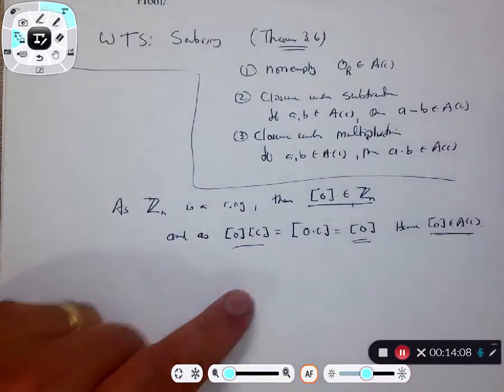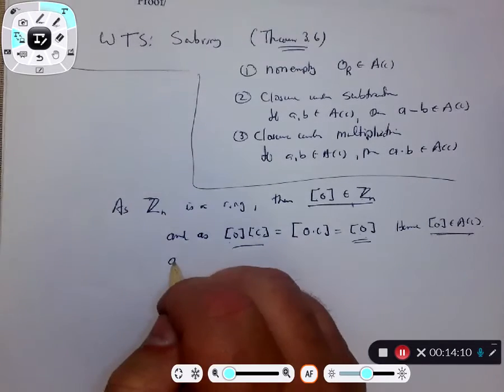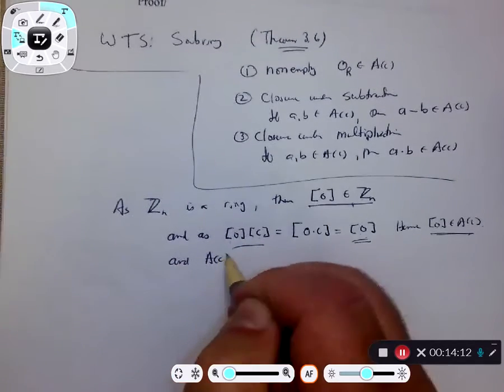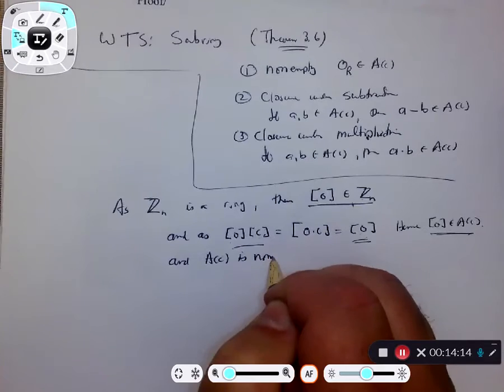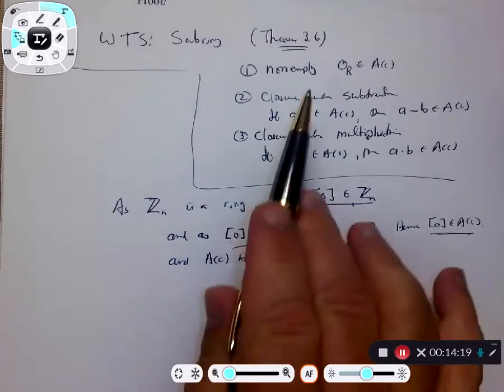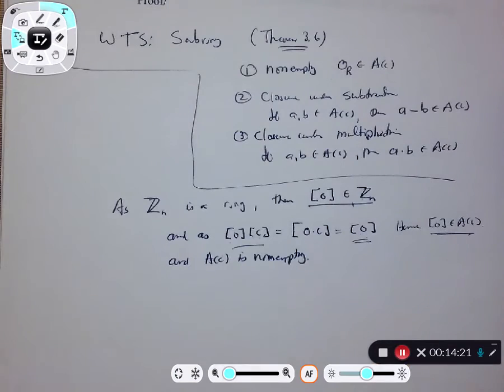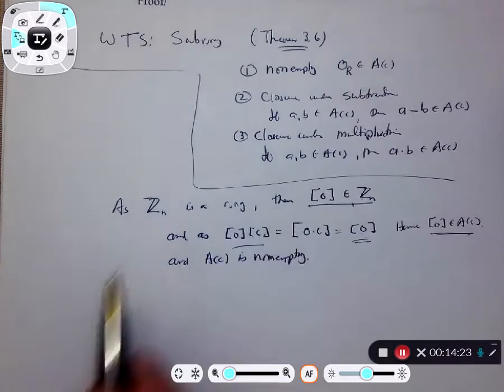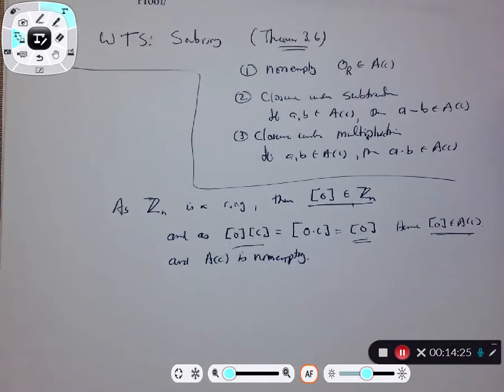That puts 0 inside of A_C, and A_C is non-empty. That's your first part. We're using the 0 equivalence class in this one. That's one paragraph down, 2 more to go.